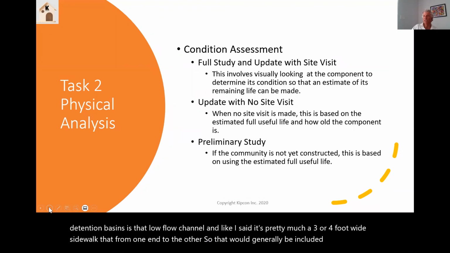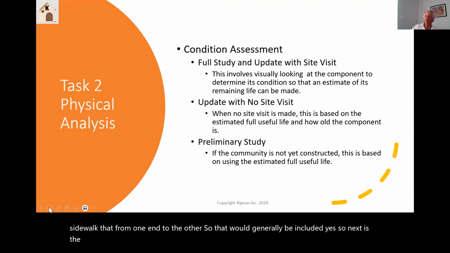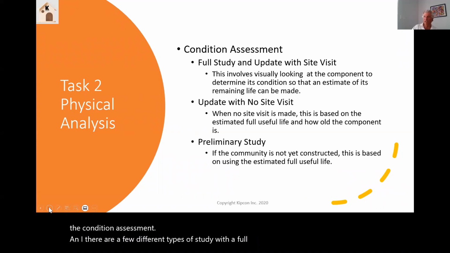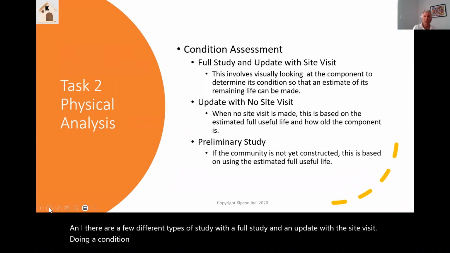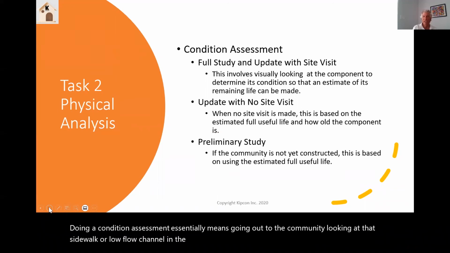So next is the condition assessment. And there are a few different types of study with a full study and an update with a site visit. Doing a condition assessment essentially means going out to the community, looking at that sidewalk or low flow channel in the detention basin, seeing what condition it's in to estimate the remaining useful life of that low flow channel.